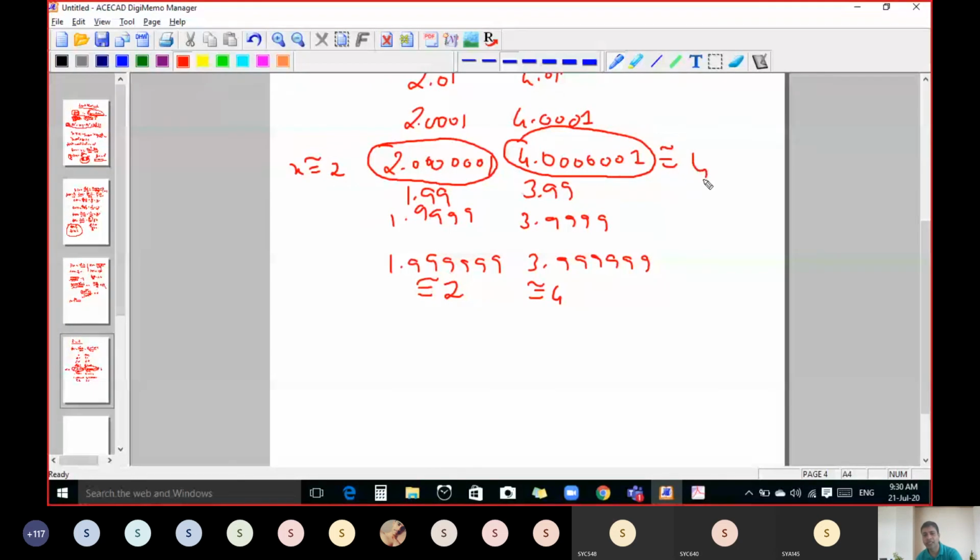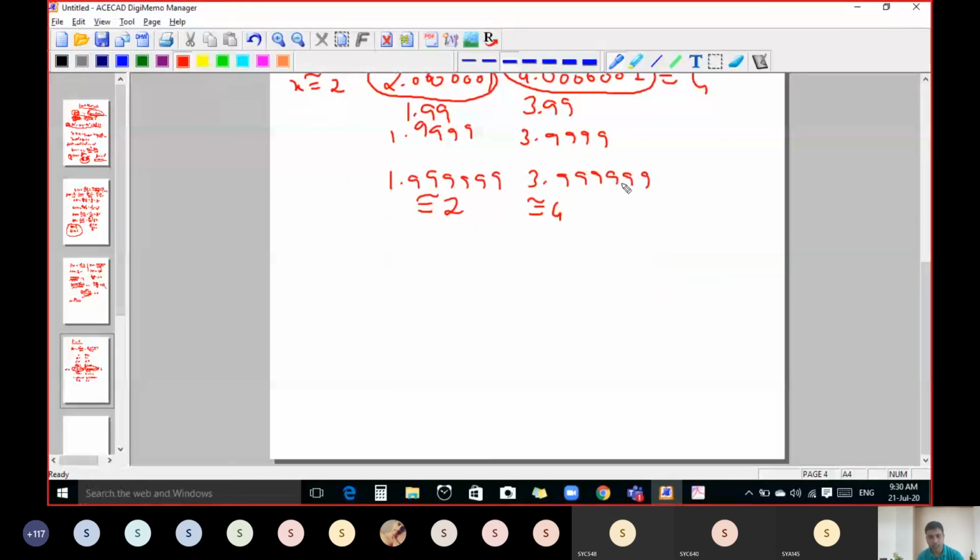That is why we can say that as x is very nearer to 2, which is denoted like this, x tends to 2, f of x tends to 4, which means very nearer to 4.